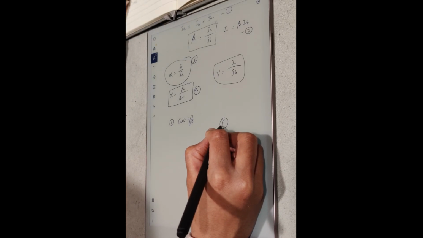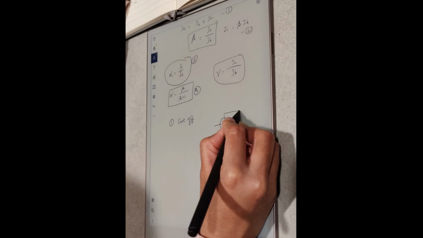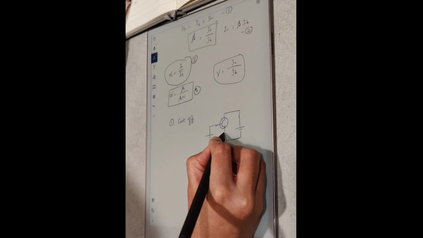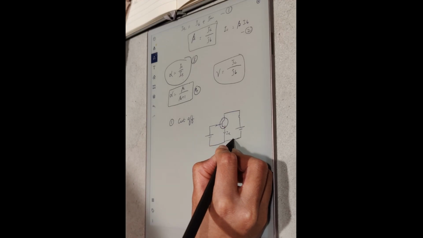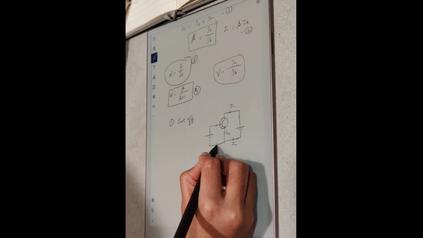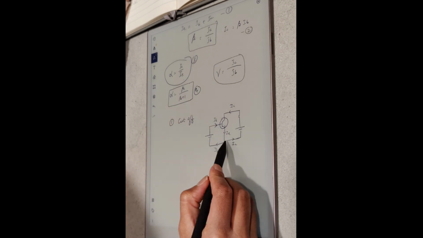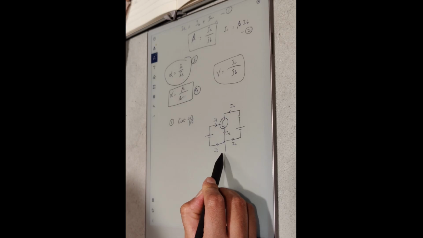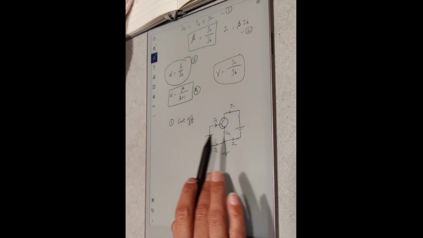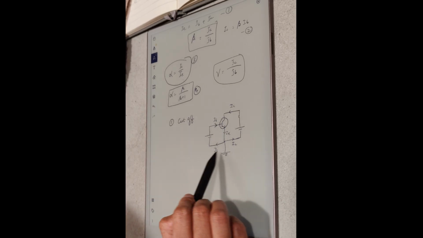So this is my common emitter circuit. This is IE again, and then this is IC, and this is IB going this way. And all of these circuits are grounded, but we just don't draw that for simplicity. Okay, so this is my common emitter.